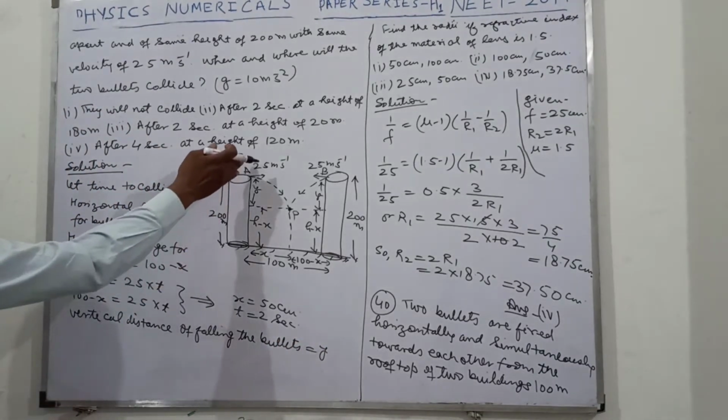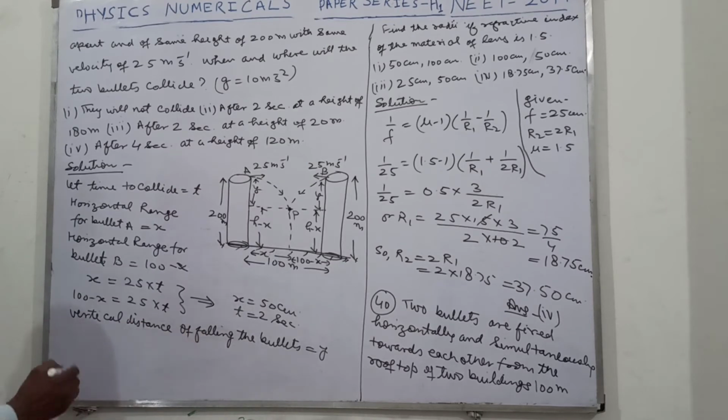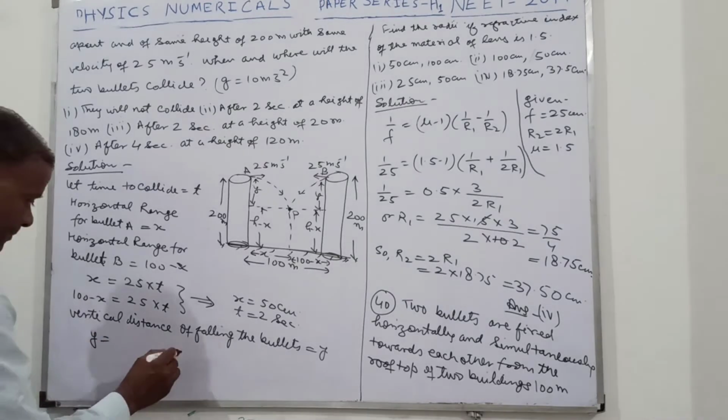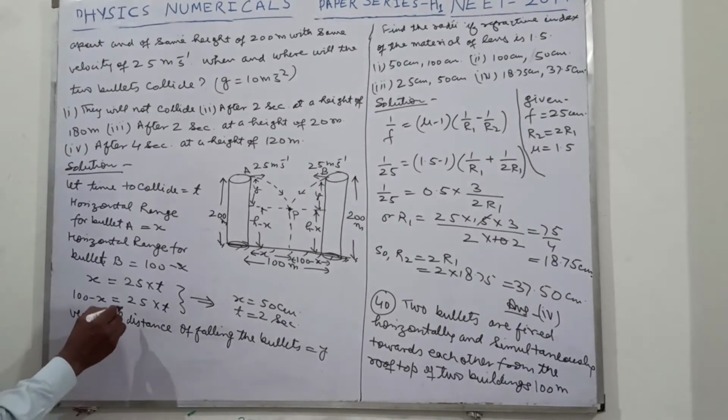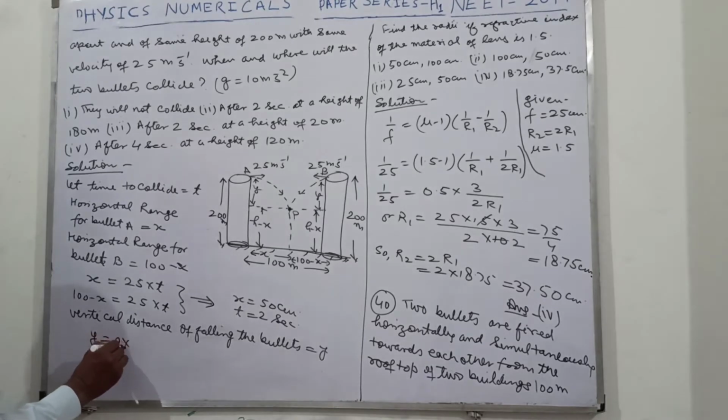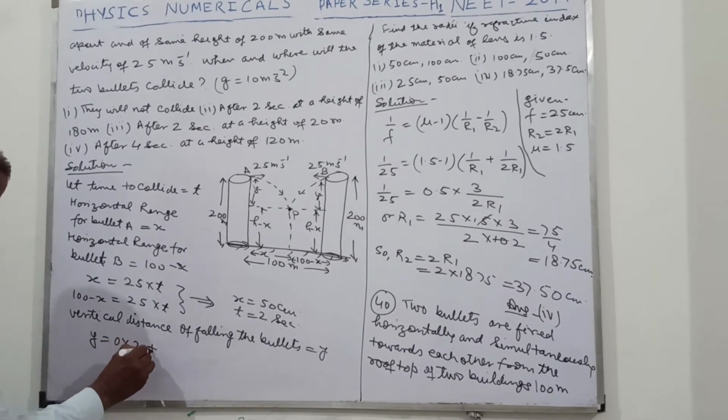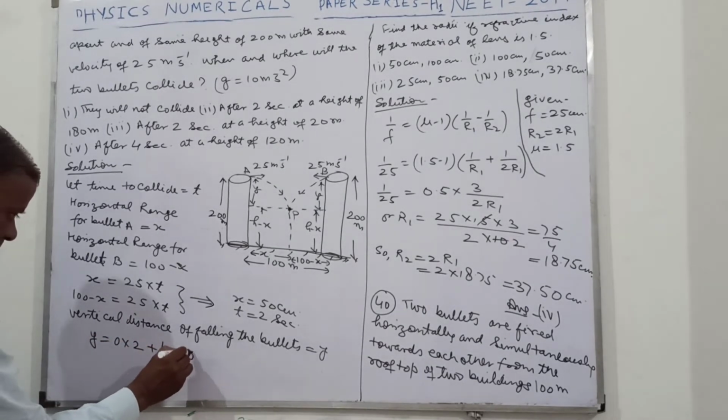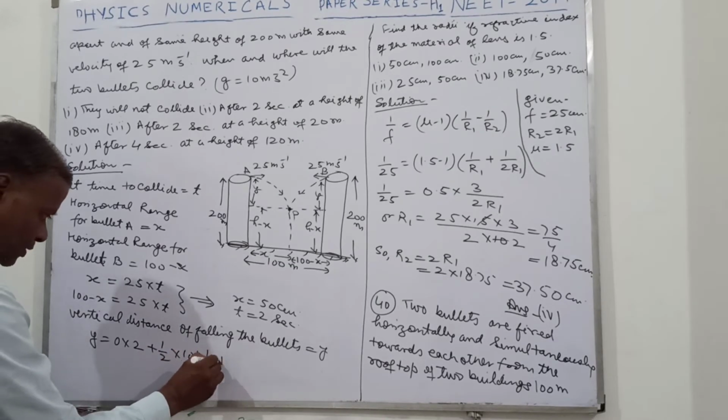Now in the vertical direction there is no initial velocity. So y is equal to, we apply the second formula, 0 into t plus half g t square, that is half into 10 into 2 square.